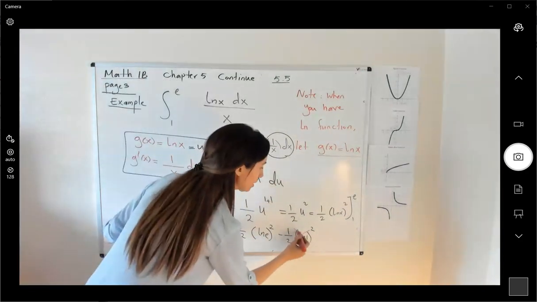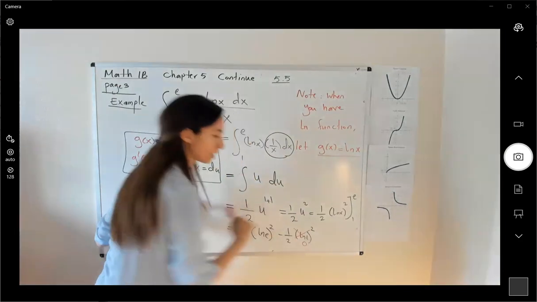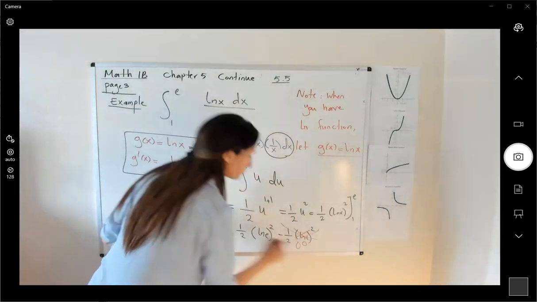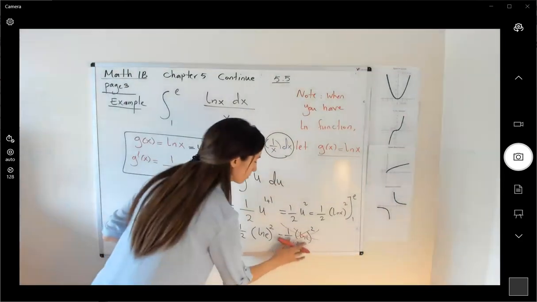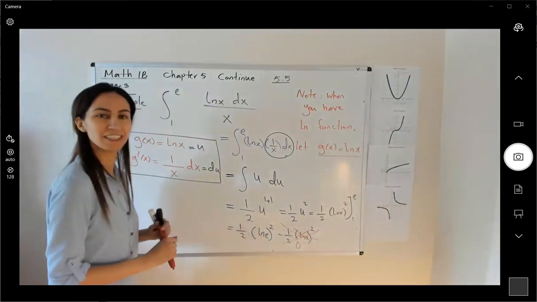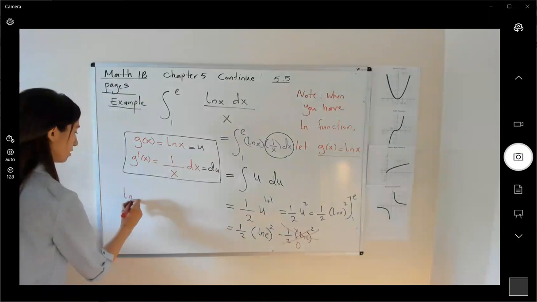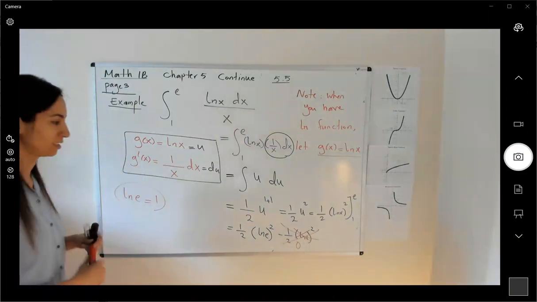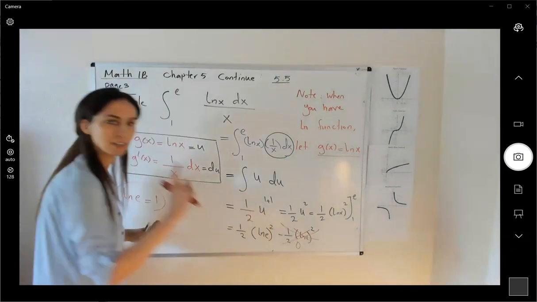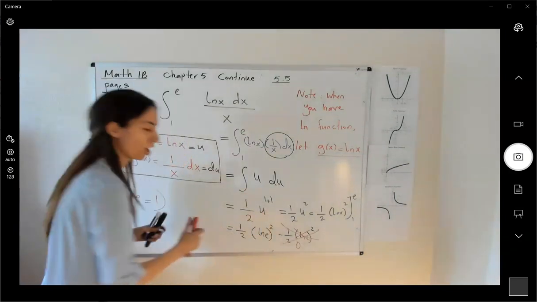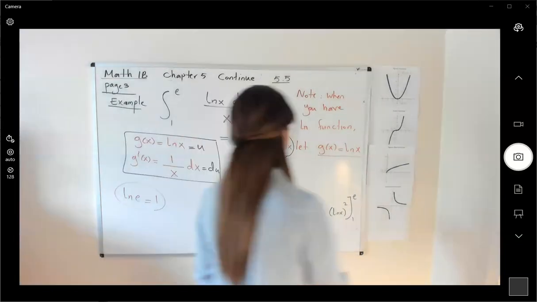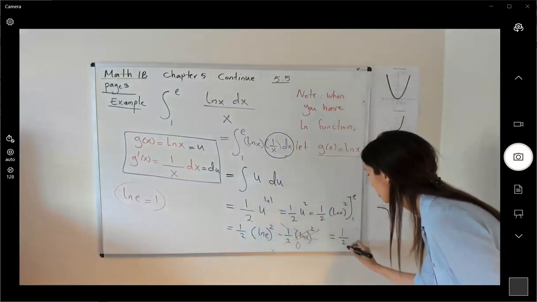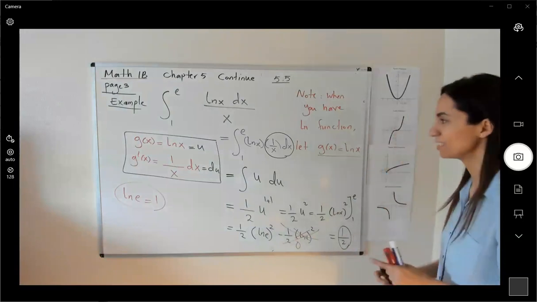So since this is 0, 0 squared is 0, 0 times a half is 0. ln of e, they are opposite of each other, and it is always 1. 1 squared is 1. 1 times a half is a half. So this integral using substitution is a half.